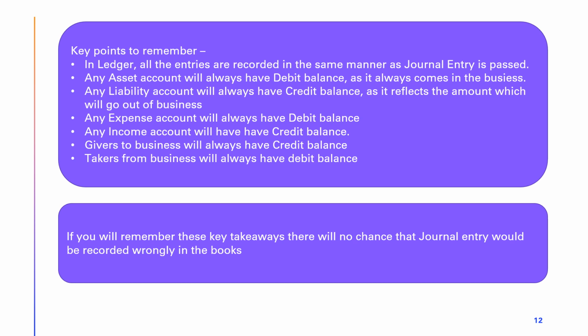And if an asset goes out of the business, its corresponding nominal or personal account will have debit balance. If we see the above example, whenever money was received by the business, its corresponding account, whether capital or ICICI Bank, was credited. And whenever money goes out of the business, its corresponding account is debited, like drawing or furniture.